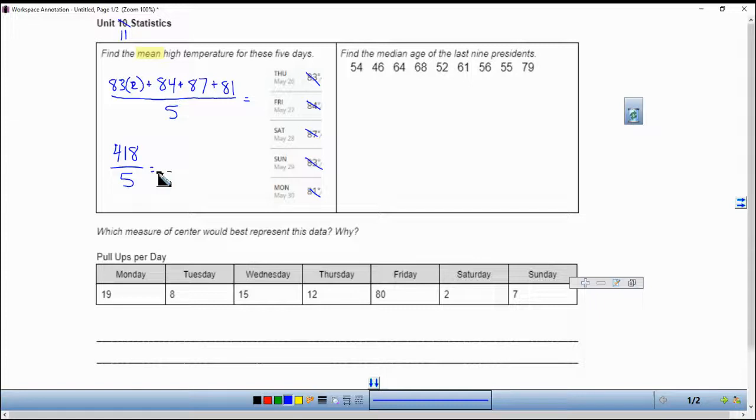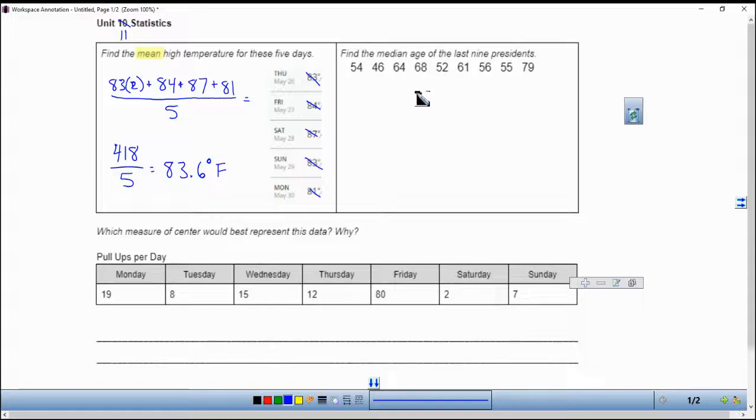So the number we get here should be around the center of the data we have. And the number I got makes sense. It's 83.6 degrees Fahrenheit, which, if you look at the rest of the data, makes sense because it's around the middle or the center of the data.